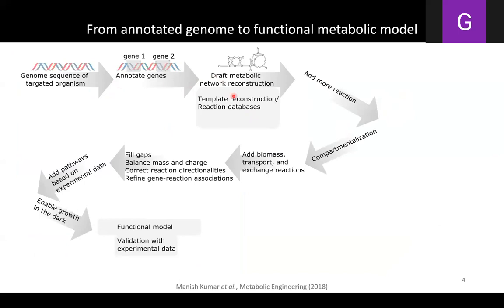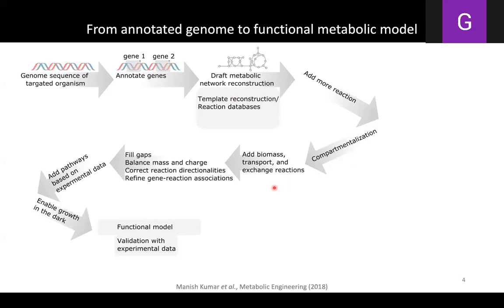This assembly of reactions is also called draft metabolic network reconstruction. If the targeted organism is a eukaryote, then we need to assign compartments like mitochondria, cytoplasm, and so on to each reaction. And each metabolic model has a biomass reaction, which is a proxy for the growth, which I mentioned before.